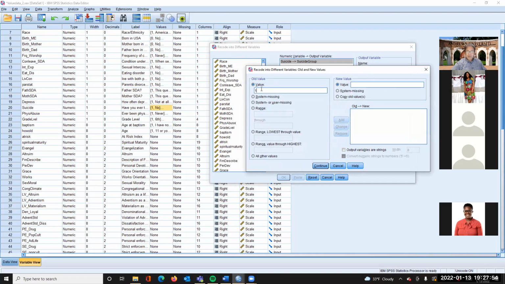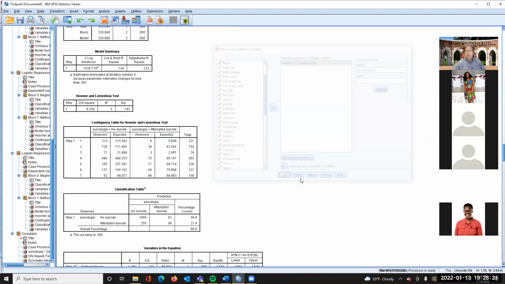One becomes the never. Since suicide one represents no suicide attempt, make that zero, representing no suicide. Make sure you click Add, and then you go to range 2 through whatever the values are. Make that into ones. Click Add, click Continue, and then click OK.